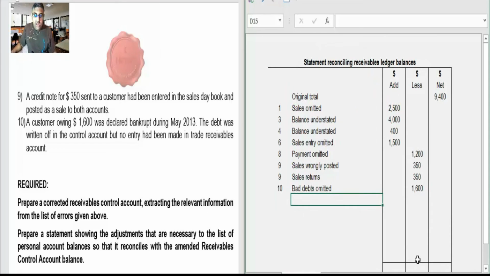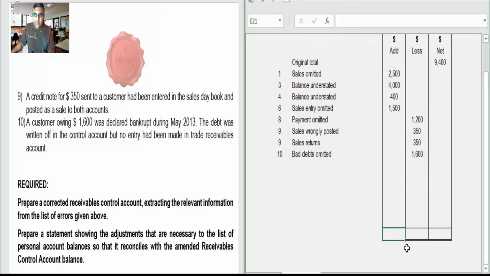And now our statement of reconciliation. We have a total of $8,400 that we have added here, and we have a total of $3,500 that we have deducted. $8,400 less $3,500, we have $4,900, a positive figure.